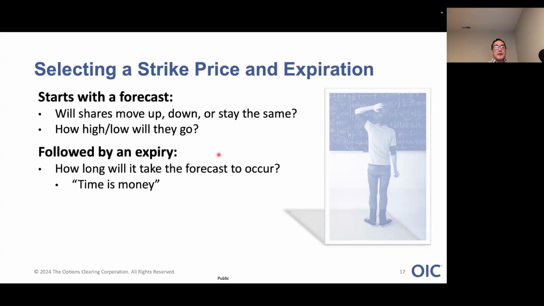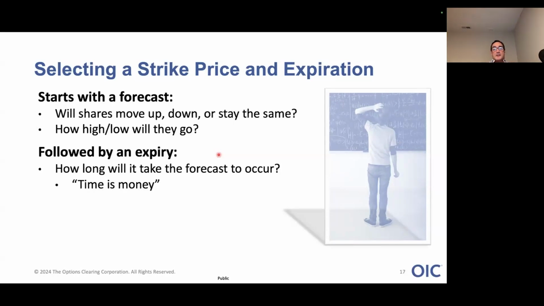The further out in time you go, the more expensive those options are going to be. So if a stock is trading at 100, the 100 level calls that expire in a week are certainly going to cost less than the 100 level calls that expire in a year, because there's a lot that can happen within a year. If I sell an option that expires in a year, I need to get paid for the risk I'm taking on for that option.